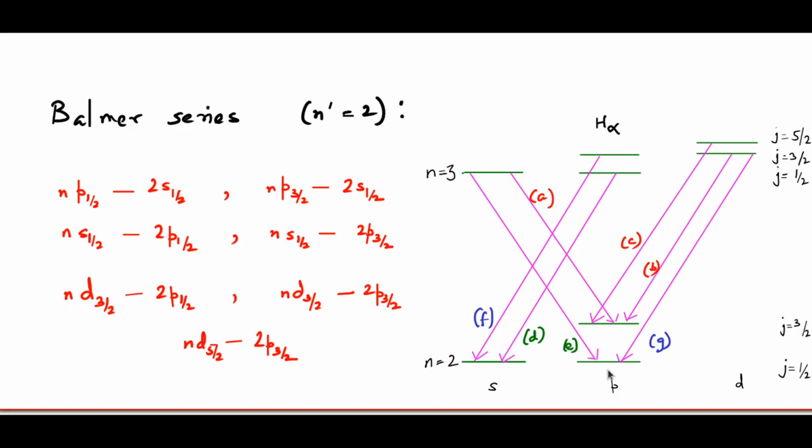At this point, let me add one more thing. Now let me tell you that while our theory does say that the lines labeled D and E in this diagram, as well as the lines labeled F and G, should have the same frequencies respectively, and hence only contribute 2 lines to the spectrum instead of 4, it so turns out that in actual very high precision experiments, you can see that they are different lines.